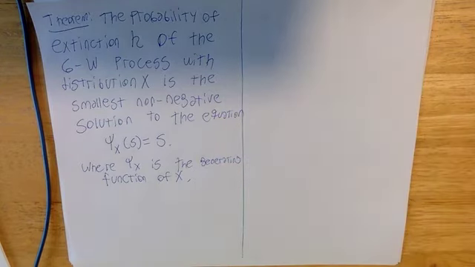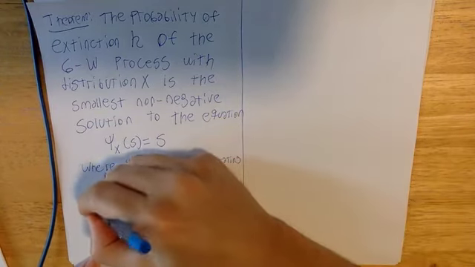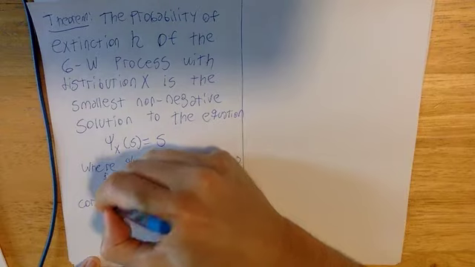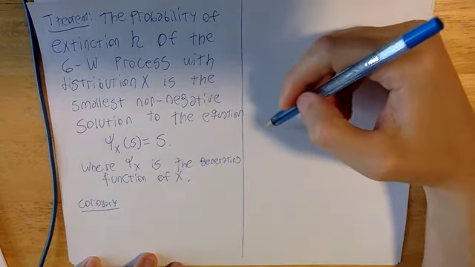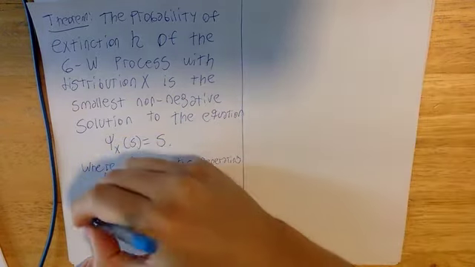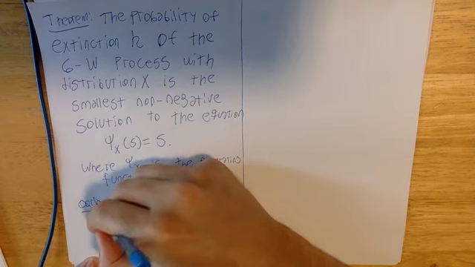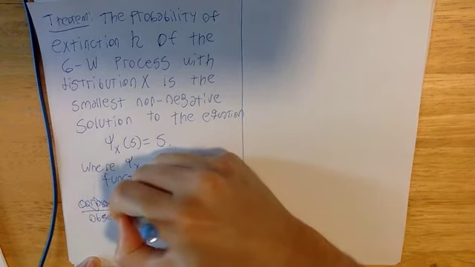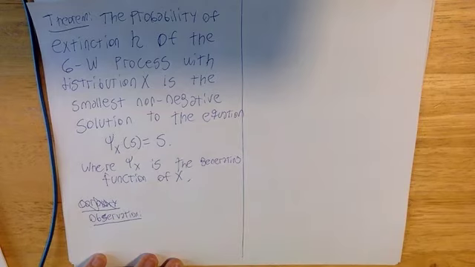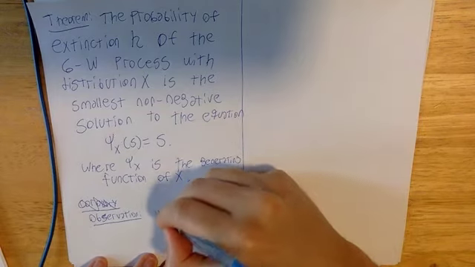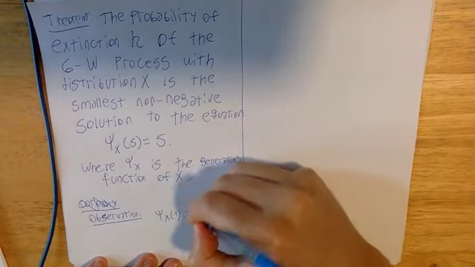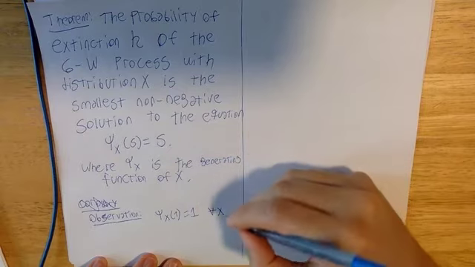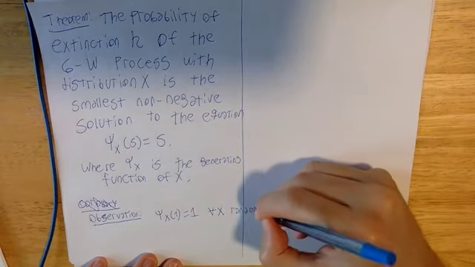So the corollary, okay, and so before the corollary, let's put an observation. The observation is that phi x of 1 is equal to 1 for every x random variable.